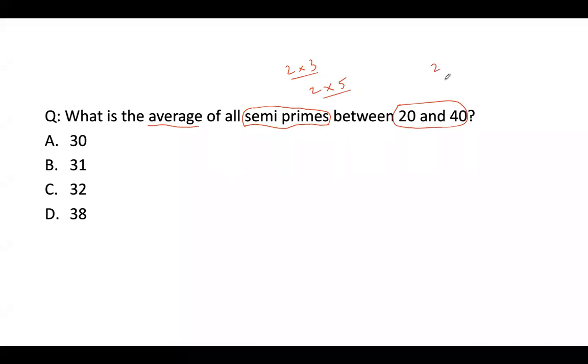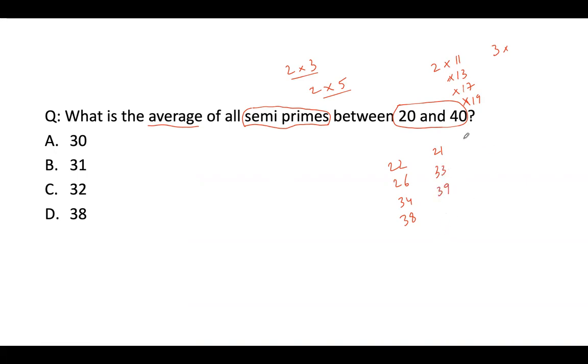So with the 2, to go beyond 20, I can take 2 into 11, 2 into 13, 2 into 17, and 2 into 19, which are nothing but 22, 26, 34, and 38. And with 3, because I have to take prime numbers, 3 into 7 can be taken, 3 into 11 can be taken, and 3 into 13 can be taken.